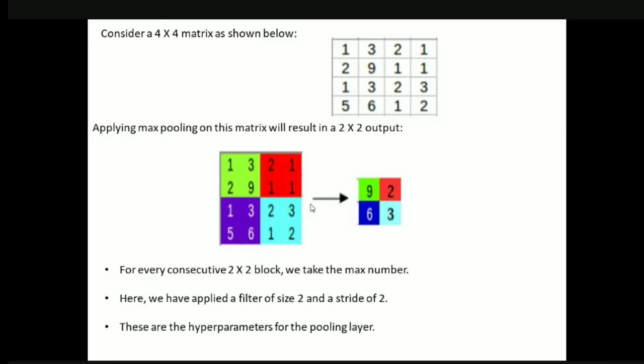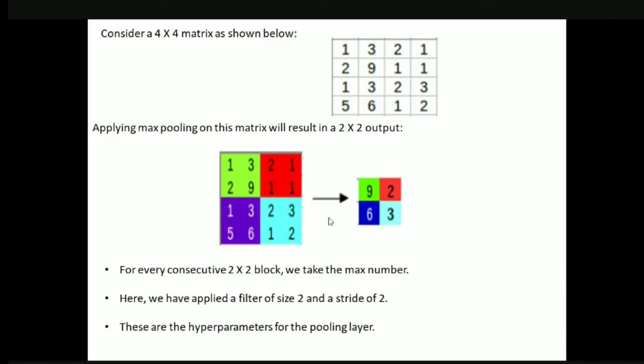In the second 2 by 2 block, what is the maximum number? 2. Third 2 by 2 block, what is the maximum number? 6. Fourth 2 by 2 block, what is the maximum number? 3. So now originally it is a 4 by 4 image. Now what we got? We got a 2 by 2 image. So this is how, after applying pooling, we reduce the dimension of the input.